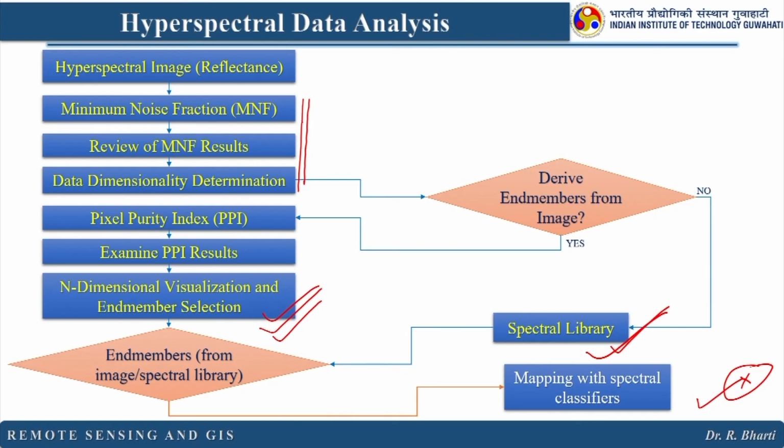So, ultimately library spectra is required to either directly classify the image or indirectly identify the composition of the spectra which is used in this spectral classifier as reference, right.